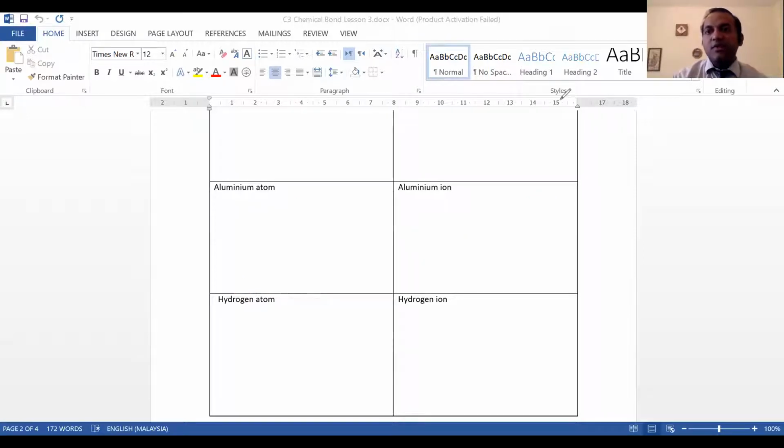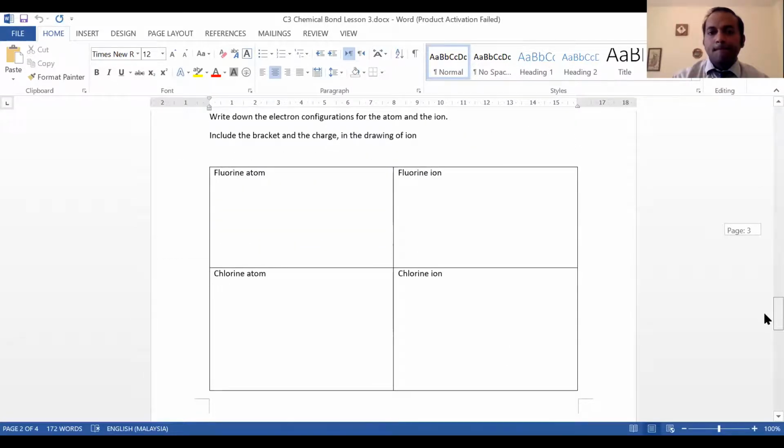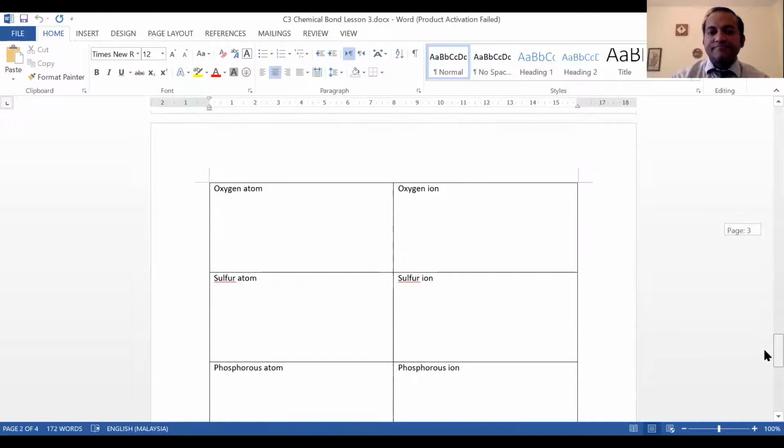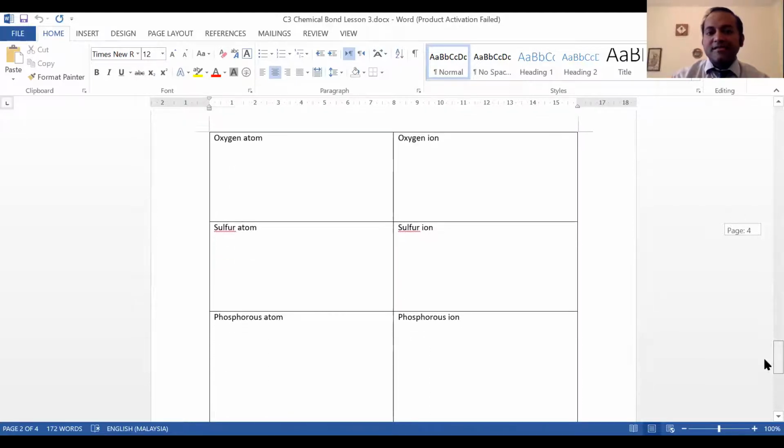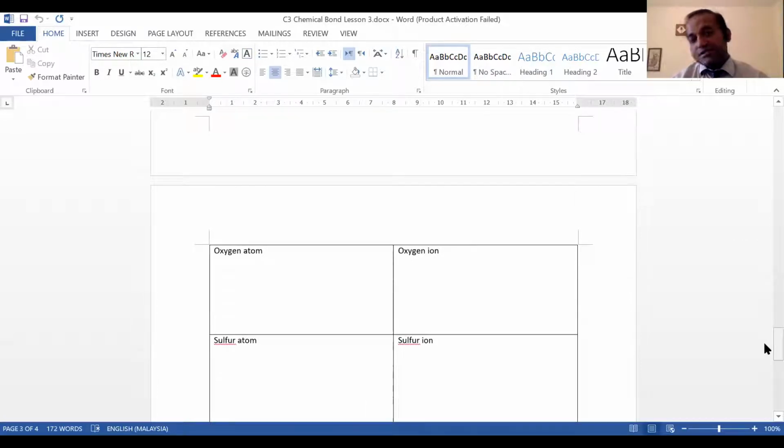Now, let us see one example of a negative ion, the one that you all did last week. Let's talk about oxygen. Oxygen, we know the atomic number is 8. So it means it has 2 and 6.